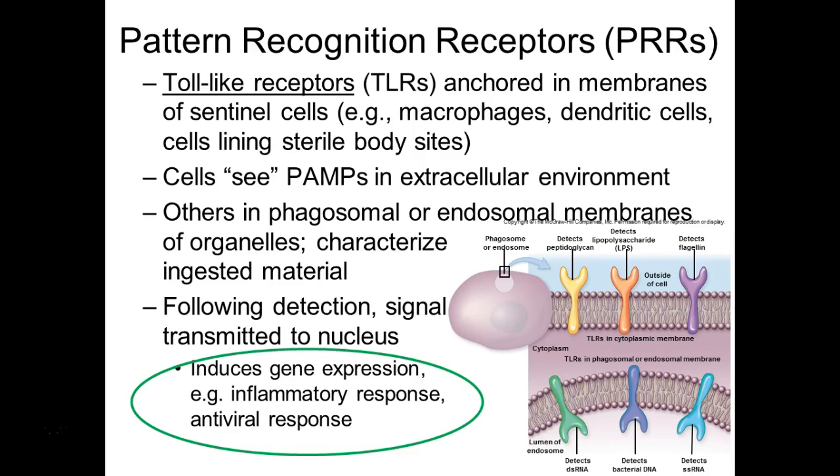Get more white blood cells to the area so we can eliminate the invader. If it's viral, though, there's a specific response against viruses. It's a little bit different than inflammation. Make sense? So the alarm goes off, we call the infantry in. Come help us. But those receptors are going to be our detectors. They're going to send off the alarm.